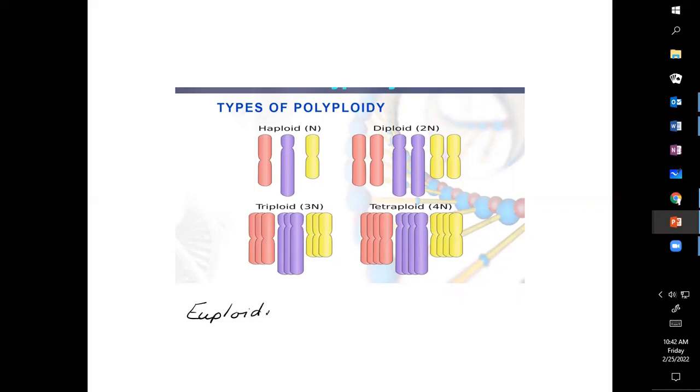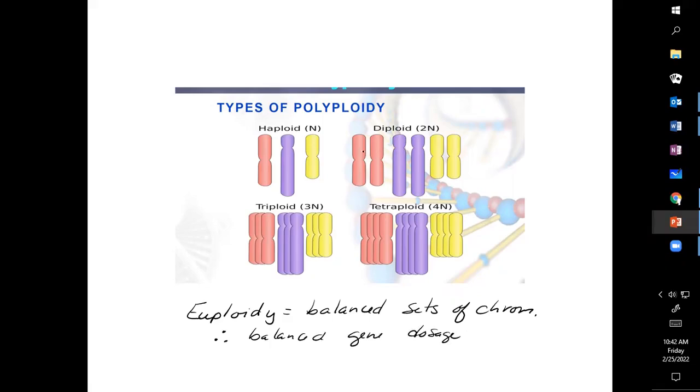Or euploidy is when you have balanced sets of chromosomes. Therefore, you also have a balanced gene dosage.